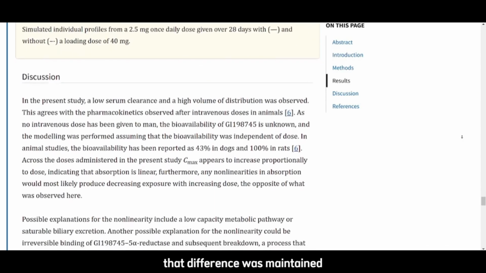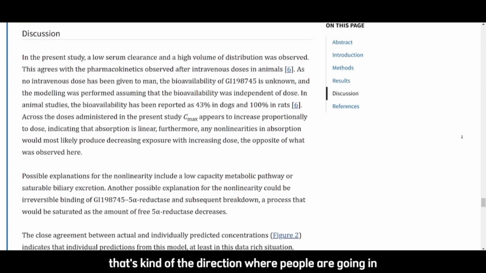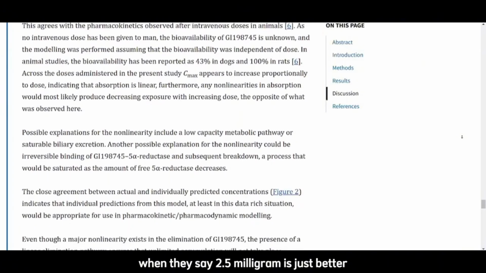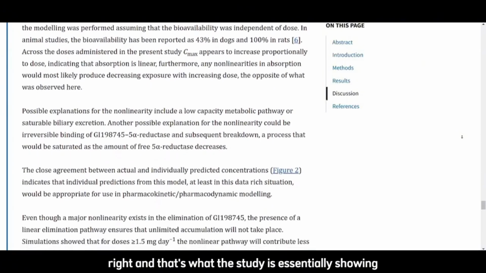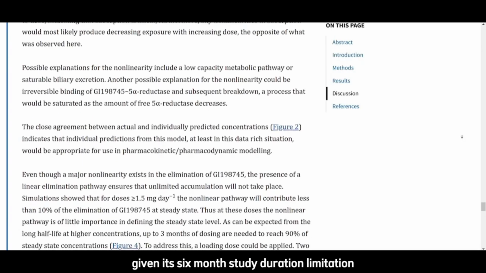So that difference was maintained throughout the course of the study. So that's the direction where people are going when they say 2.5 milligram is just better, right? And that's what the study is essentially showing, given its 6-month study duration limitation.